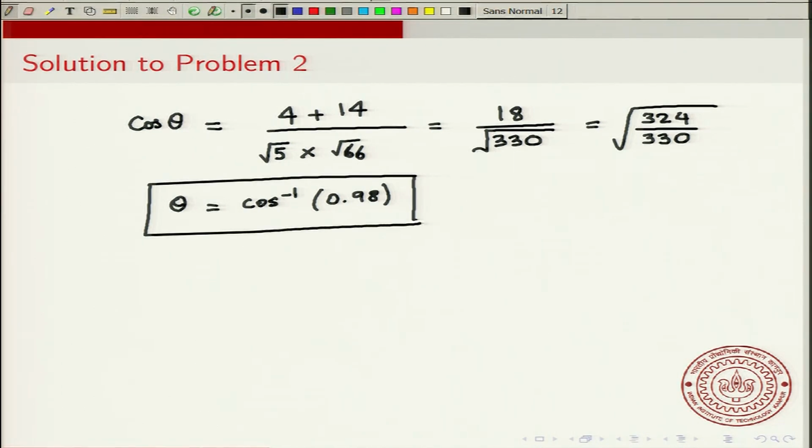The cos inverse of this will be very close to 0 degrees. So, the angle between the planes is extremely close to 0 degrees. You can find the exact numerical value, but I will not bother doing that here. But I have illustrated how to calculate the angle between Miller planes.